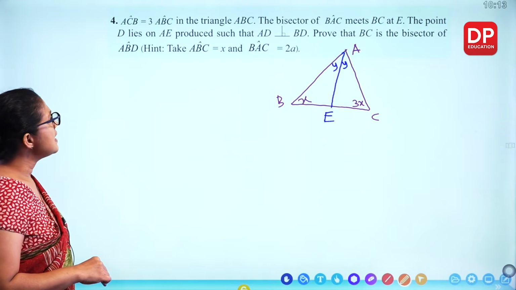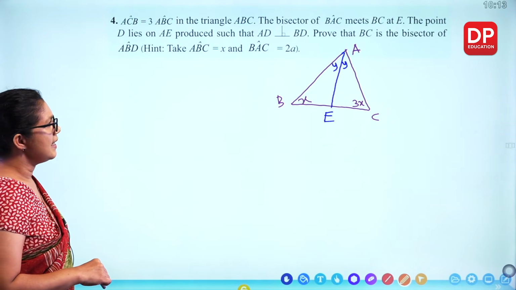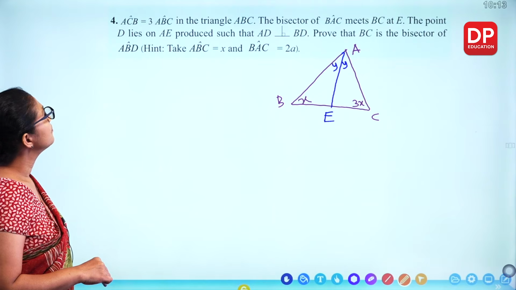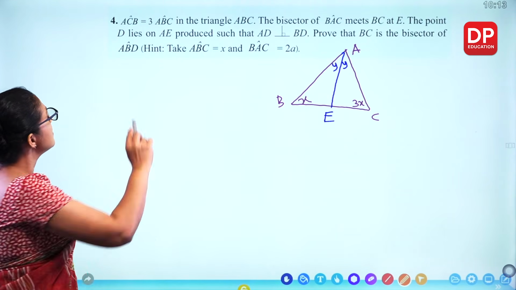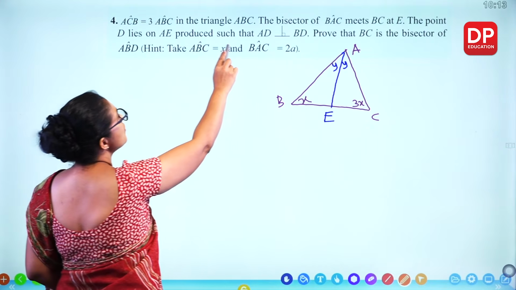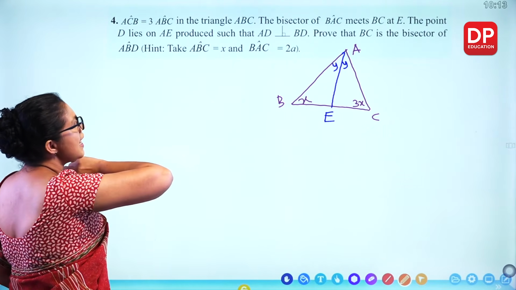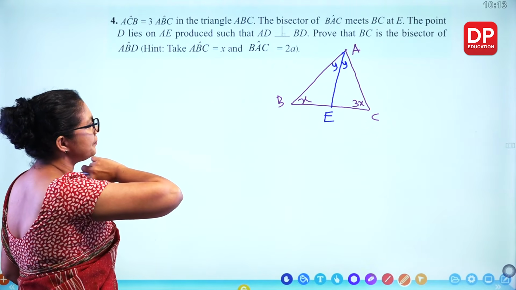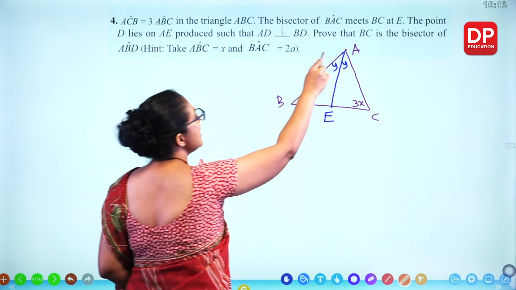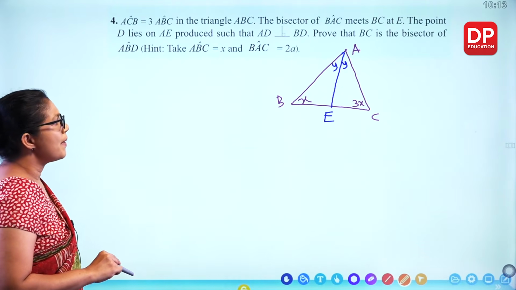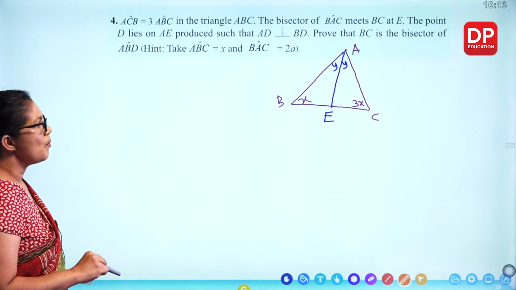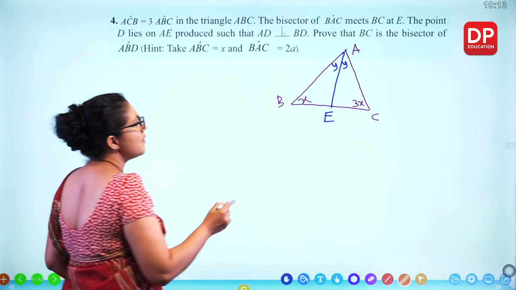The point D lies on AE produced such that AD and BD both are perpendicular. So here we can draw the line.